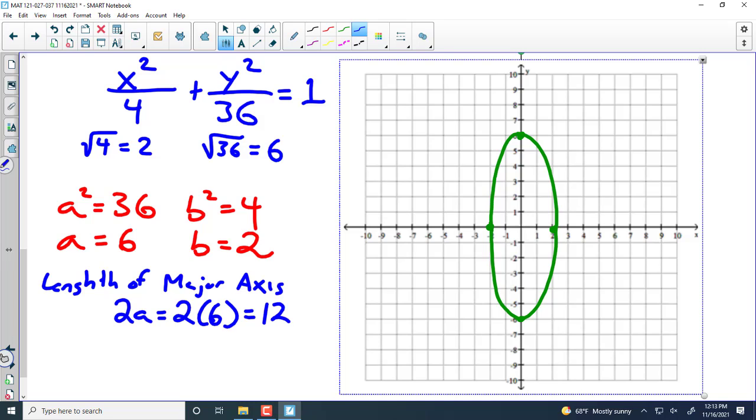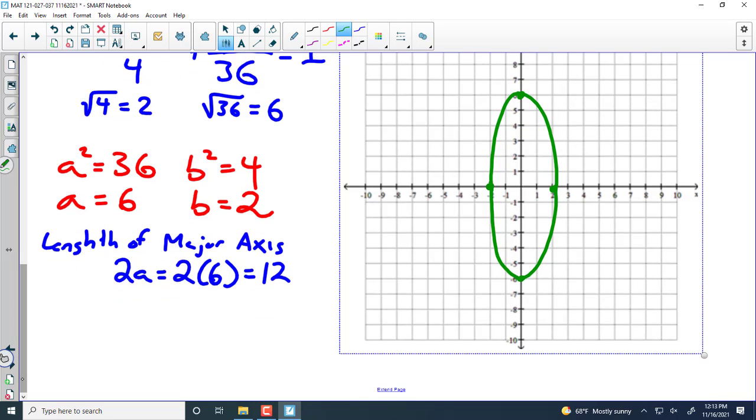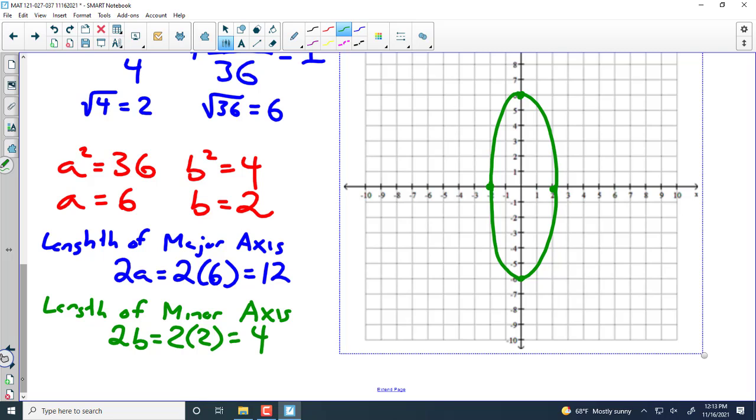It's double the square root of the larger number, which is a nasty way of saying it, but that is how it works. Look at the picture. How long is the minor axis? 4. Left to right. Yeah, it's 2 times B, which is 2 times 2, which is 4.